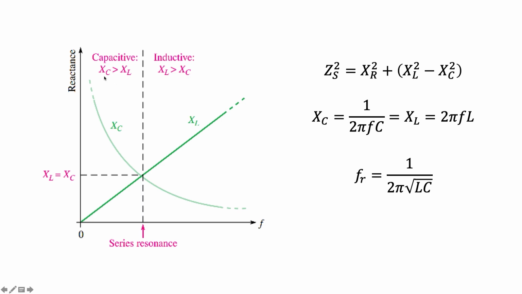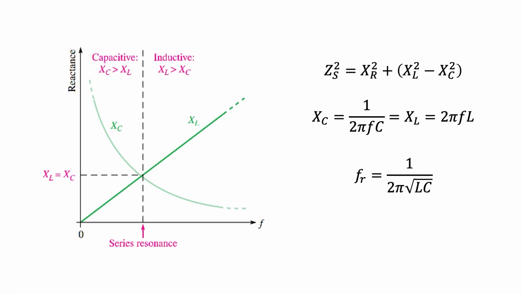In the frequency region where XC is greater than XL, the circuit is predominantly capacitive. In the frequency region where XL is greater than XC, the circuit is predominantly inductive.